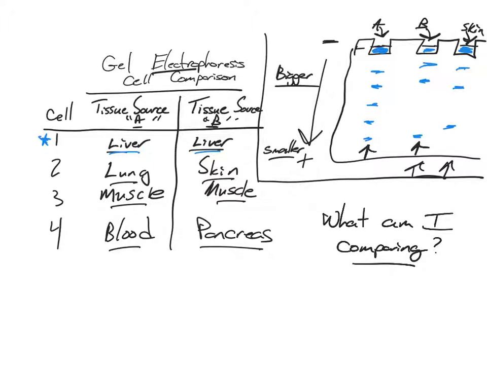Look at the problem. Read the first sentence. What am I comparing? It says the table shows a sample of cells taken from the tissue of two individuals of the same species. DNA from each cell is analyzed. DNA. So I'm comparing DNA. Mm-hmm. Where's the DNA going to be the same?